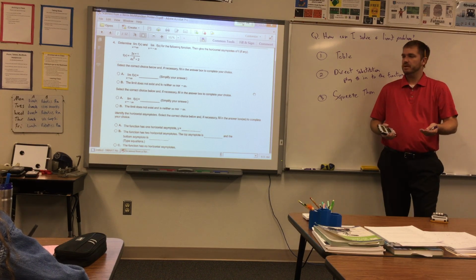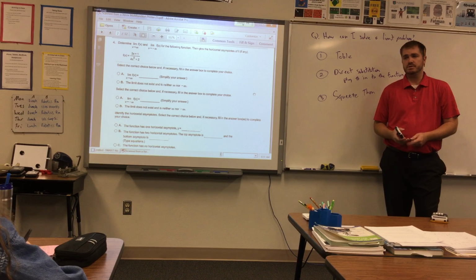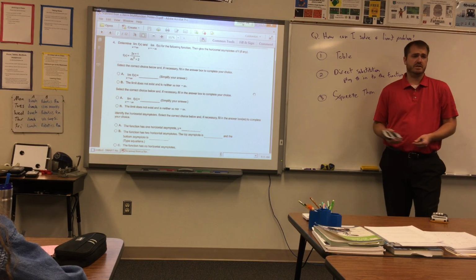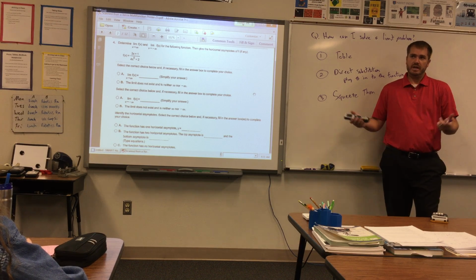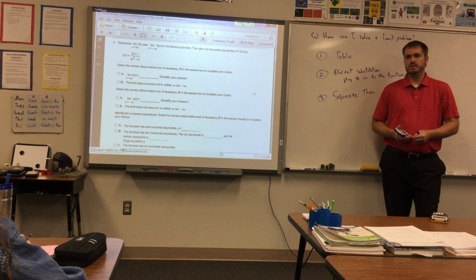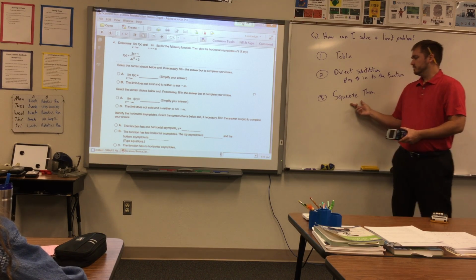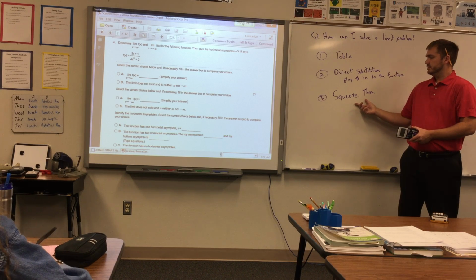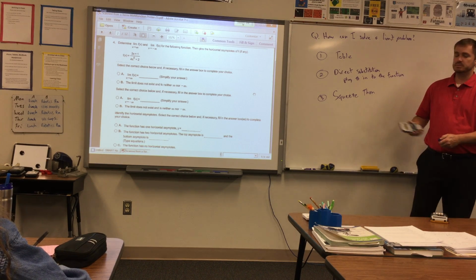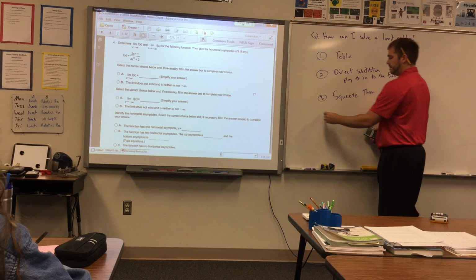The only time I've ever seen the squeeze theorem used is determining the limit of sine x over x as x approaches 0, and cosine x minus 1 over x. That's the only time I've ever seen it used in any of the calculus books. Okay? So we can talk about the squeeze theorem later if we come across a problem or if you're curious.